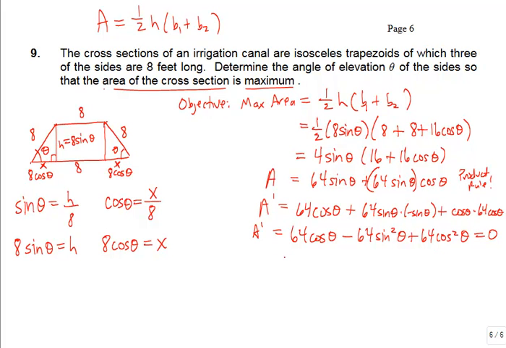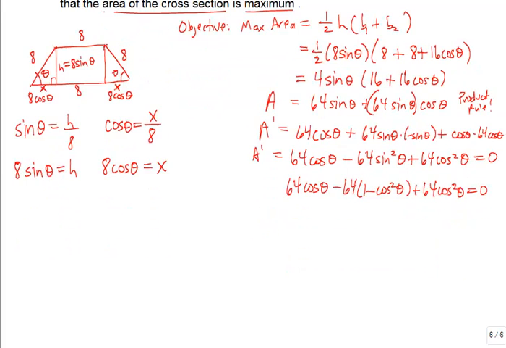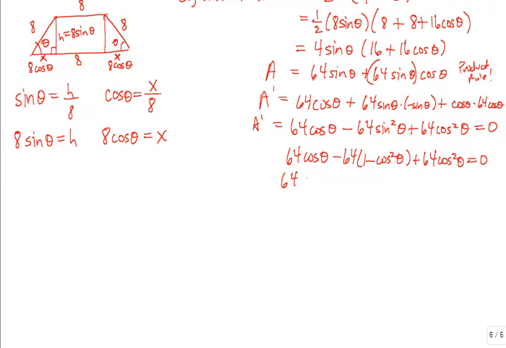And in order to do that, I'm going to use an identity. So instead of sine squared, remember that sine squared plus cosine squared equals 1. Therefore, sine squared theta is 1 minus cosine squared theta. So I'm just trying to eliminate that sine function. And now if I distribute again, we get minus 64.